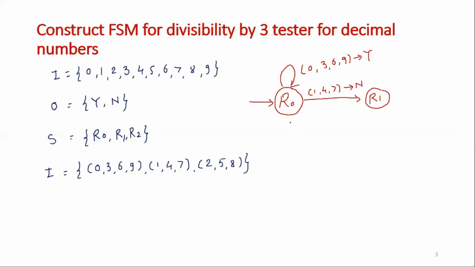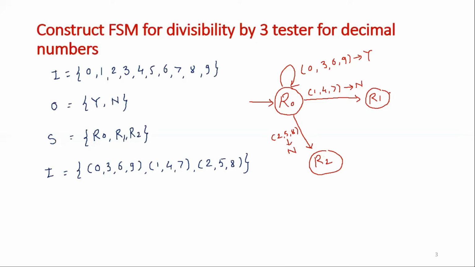Then in R0, if I get input as 258 and if I divide that number by 3, I'll get remainder as 2 and corresponding output will be no. So here R2 state, input is 2, 5, 8 and corresponding output is no.